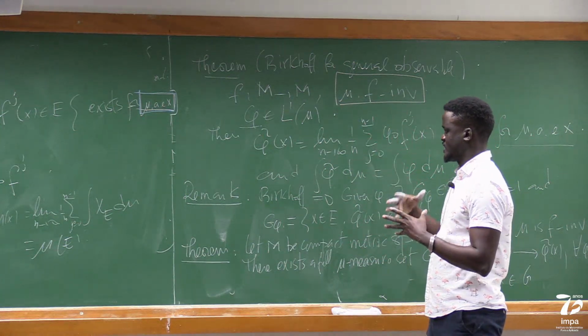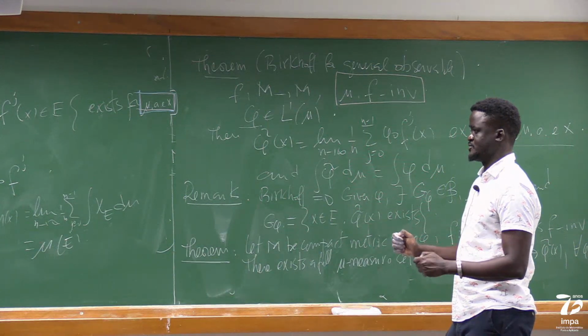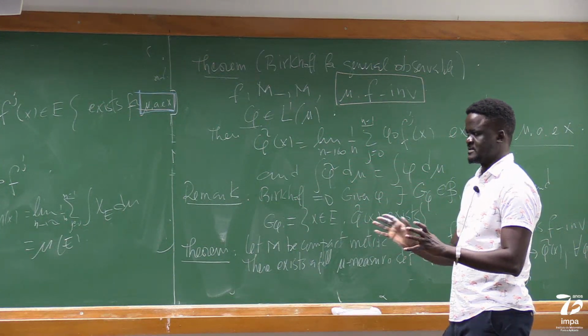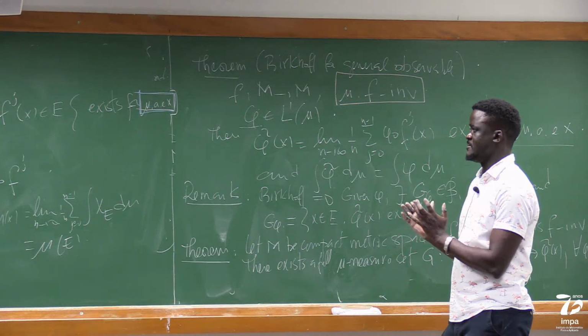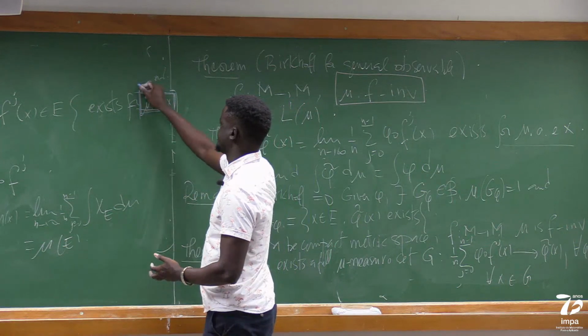You define the Lyapunov exponents using this theorem, and from them you can have these eigenspaces in a measure theoretic sense, because everything here is with respect to a measure.